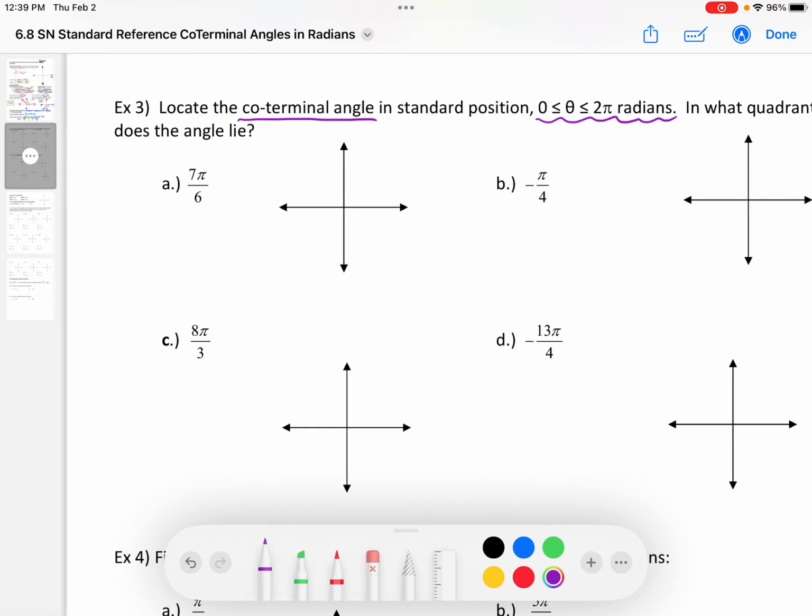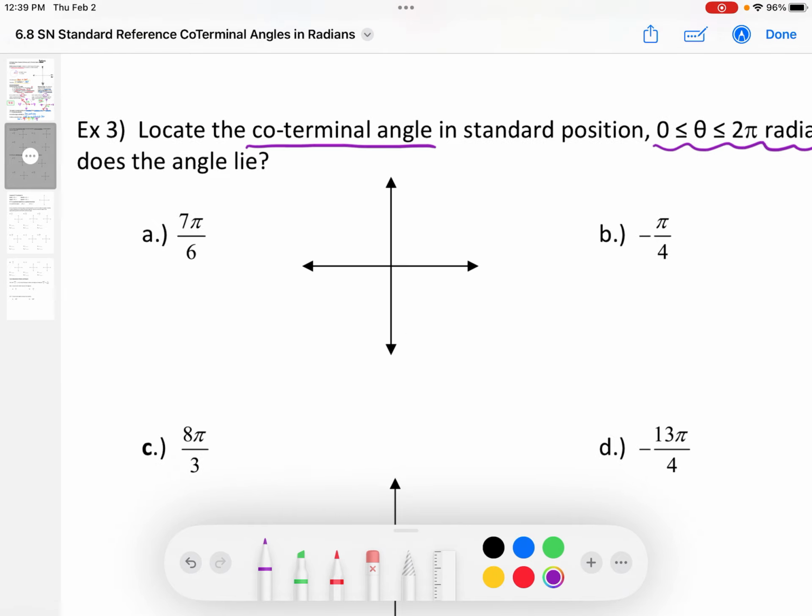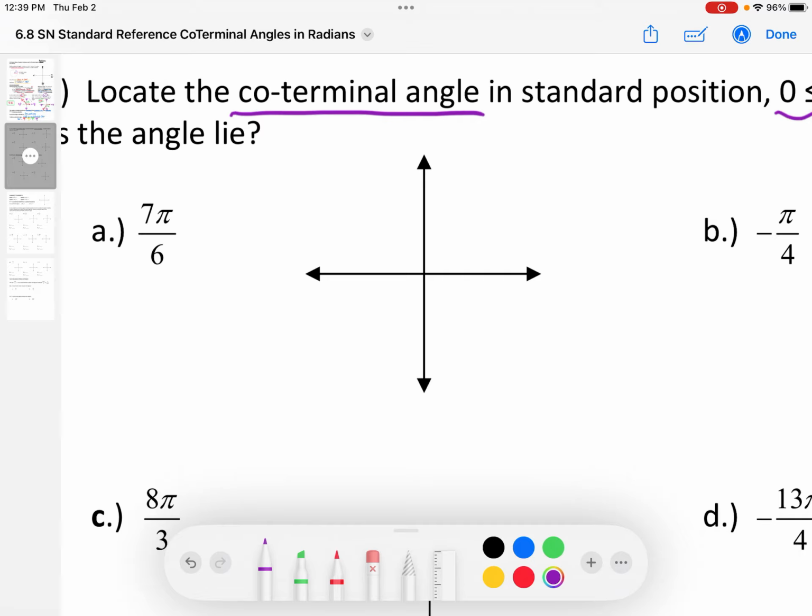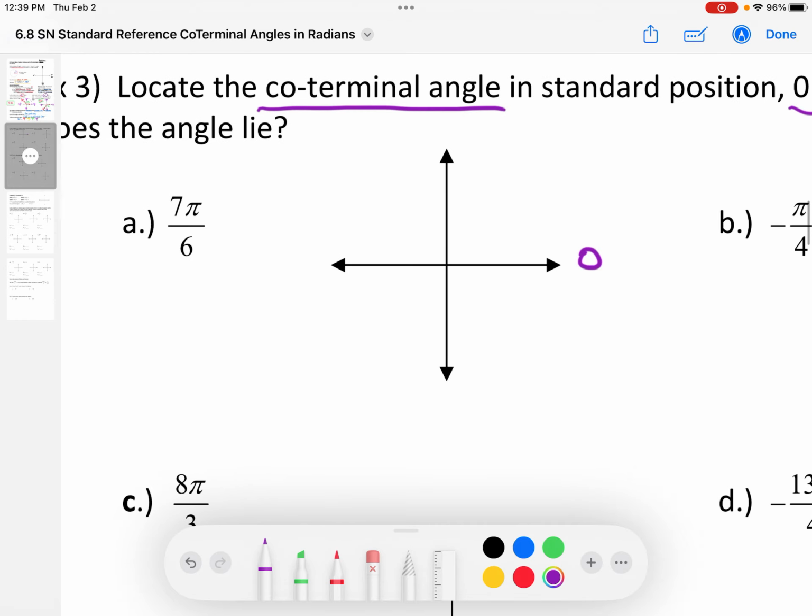If it's more than 2, that's like being more than 360 degrees, and we need to convert it. So 7 pi over 6, 7 over 6 is a little more than 1, but it's less than 2. So we can fit this angle on the unit circle. 0 is on the right.